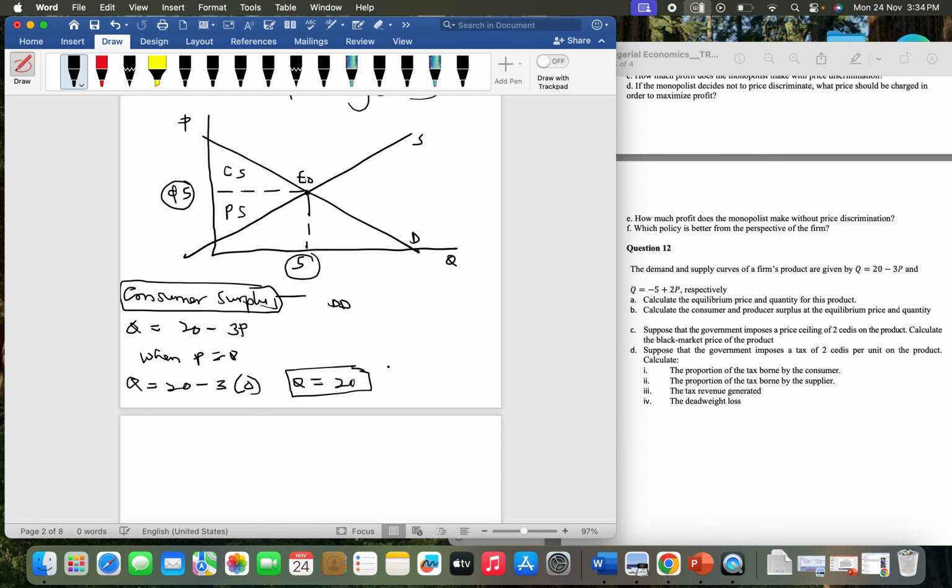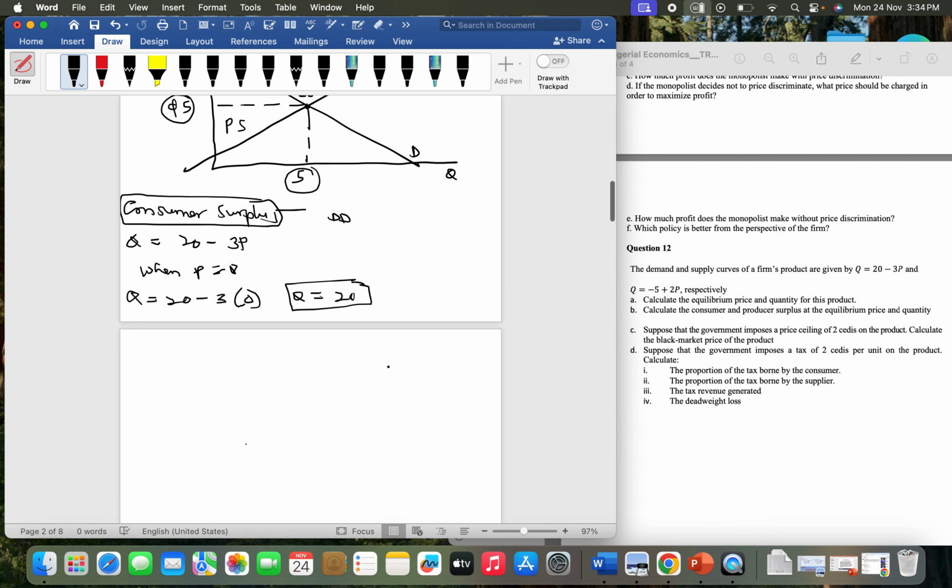So we continue. The first one I made when P is equal to 0. Now when Q is also equal to 0, this is 20 minus 3p. We move 3p to the left hand side, becoming positive 3p is equal to 20.